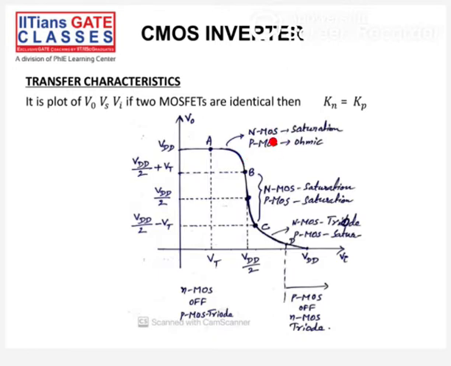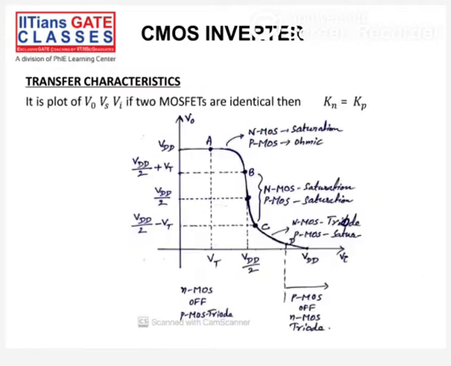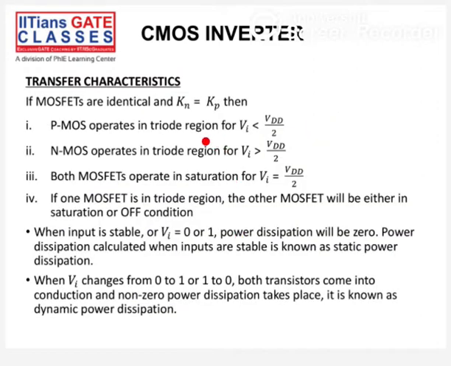These two transistors, one will be in ohmic region and other will be in saturation region. It will enter into saturation region directly from cutoff, and the other is from saturation to ohmic region. Means it is not in switch off mode and it is in saturation. That we'll see with some points. What are those points? Here I have written, and these points will be correlated with this diagram. So one by one I will take and I will correlate.